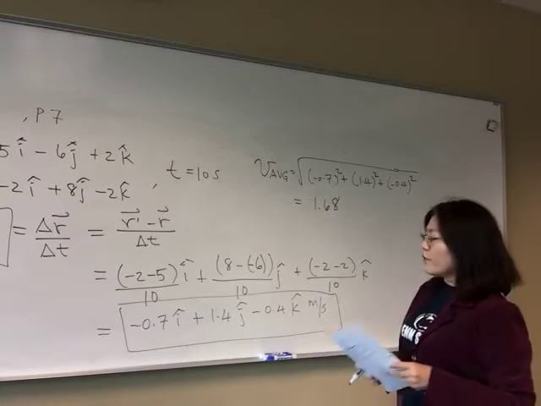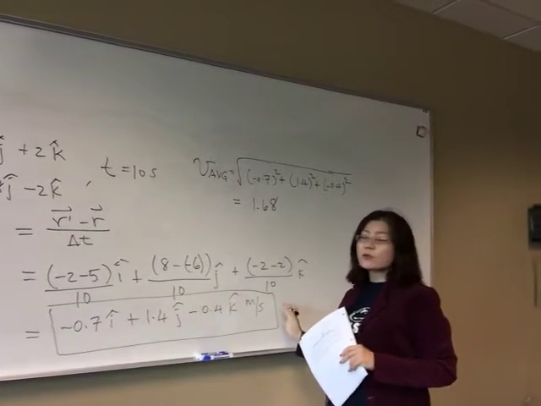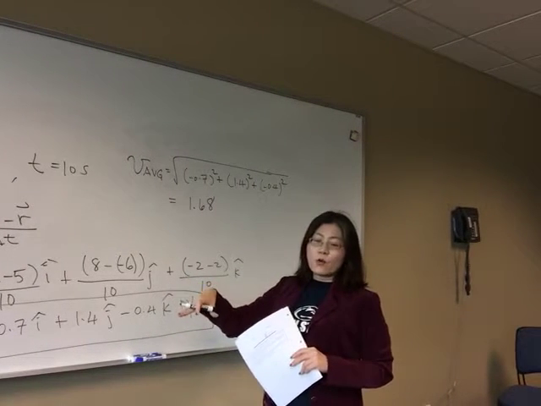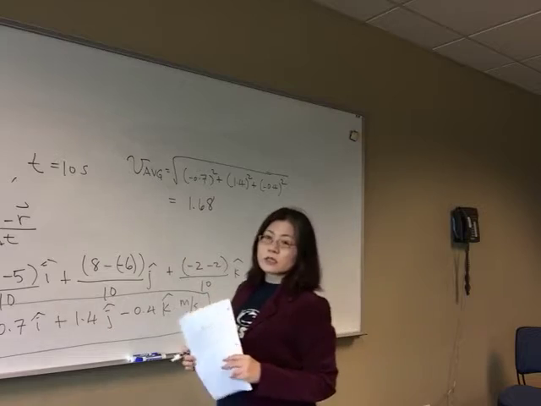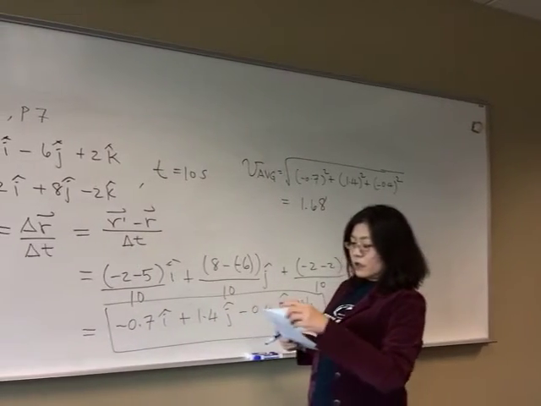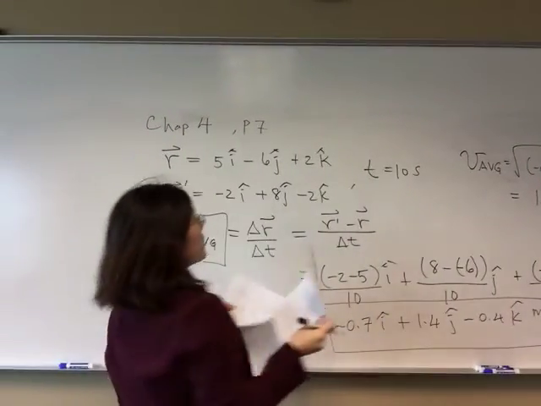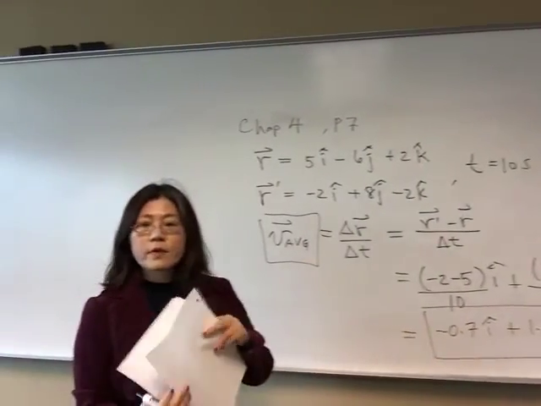Of course, you can also find the angle, but because it's three-dimensional, finding angles will be challenging, so you don't have to do that. Mostly, we'll be dealing with situations in 2 dimensions. All right, so this is problem 7.